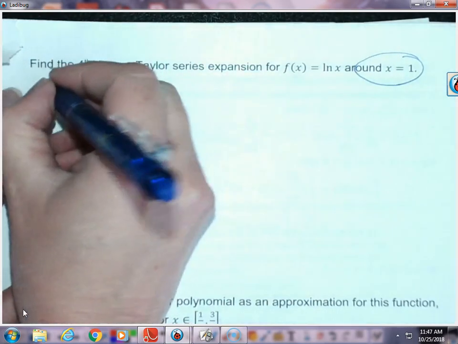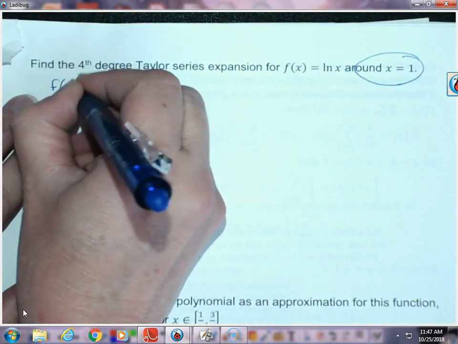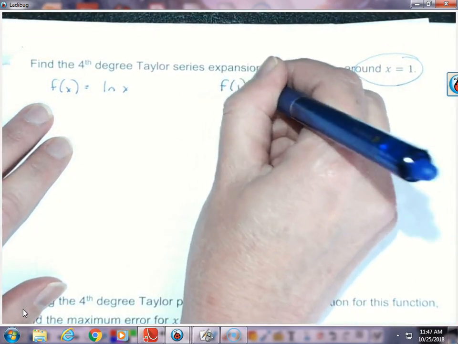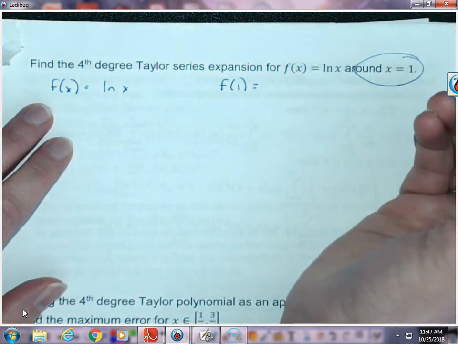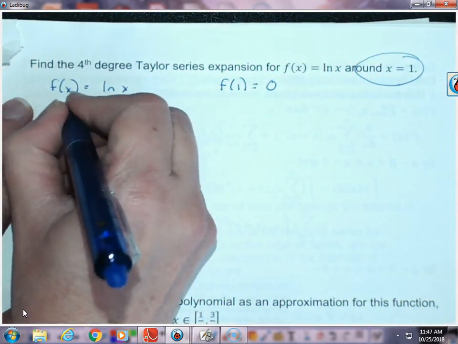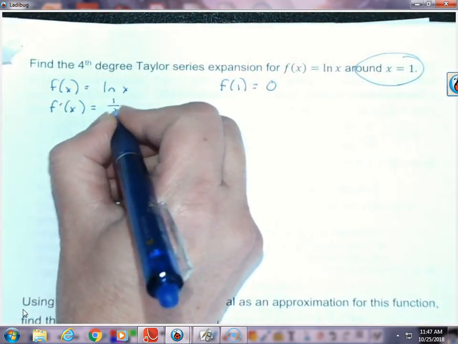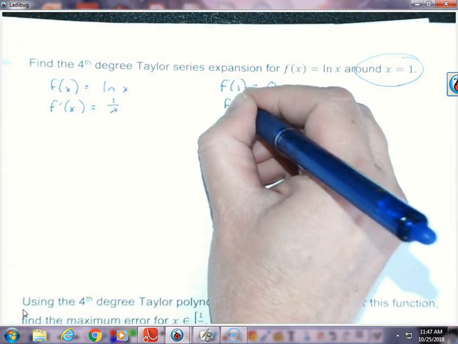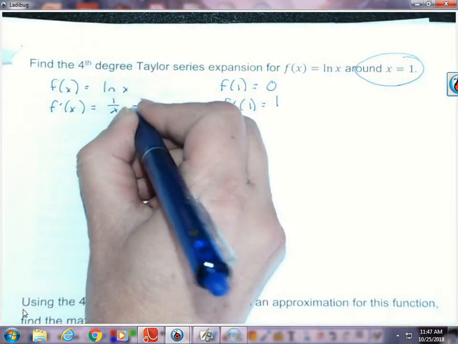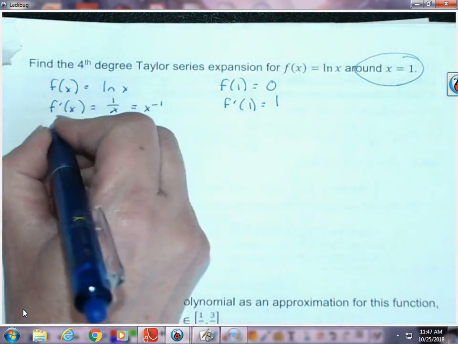So you're just going to do f of x, and then whatever they want to center it around, you find that. So f of 1 is 0. Then you're going to find the first derivative, and so f prime of 1 is... I'm going to make that x to the negative 1 so that I can do the power rule.